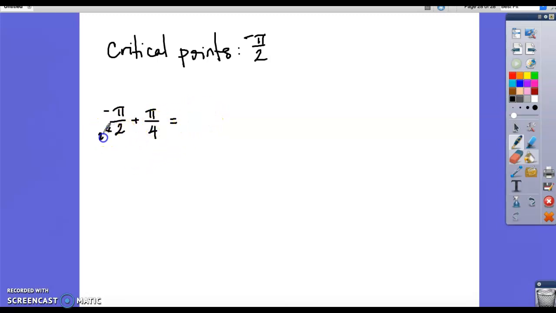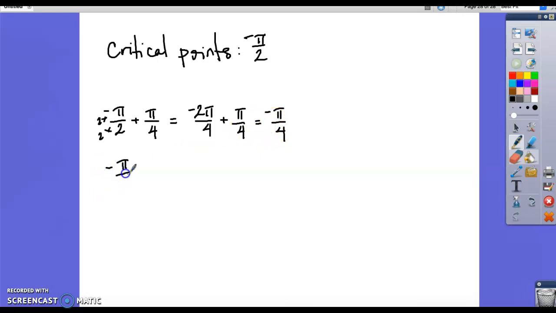I need common denominators, so I have negative 2 pi over 4 plus pi over 4, which is negative pi over 4.